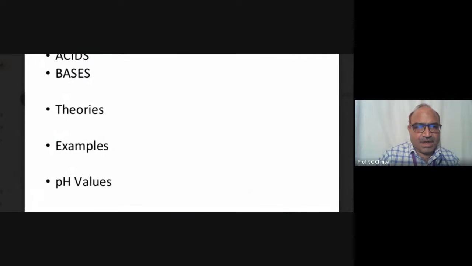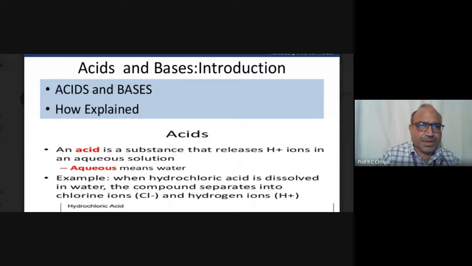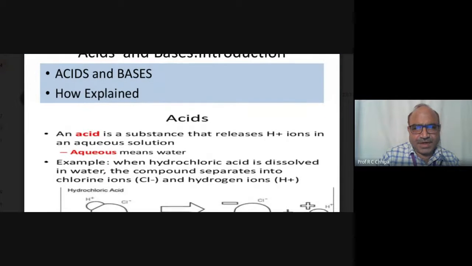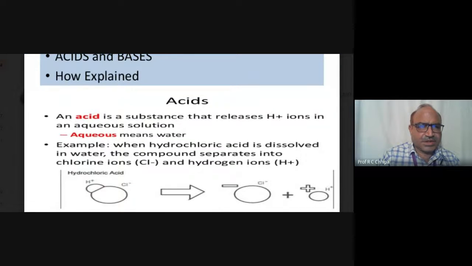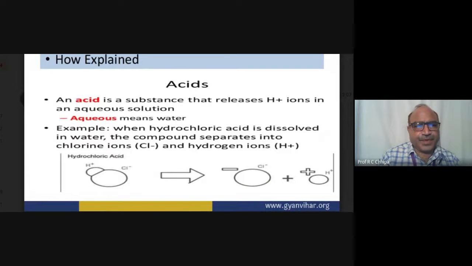So here the pH value starts. Now, how can we explain that a particular substance is an acid? An acid is a substance that releases hydrogen cation in an aqueous solution. Here the aqueous medium is given, aqueous solvents.